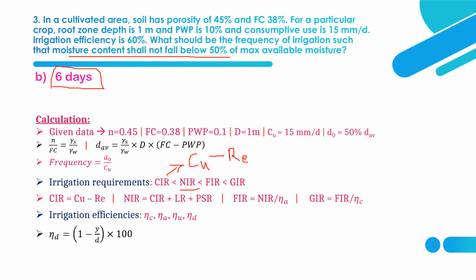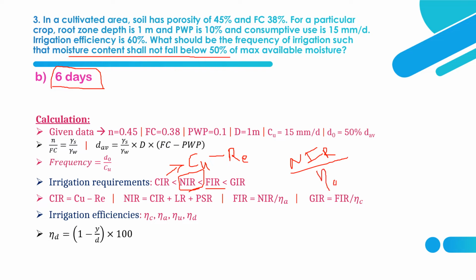And what about NIR? NIR is nothing but the summation of CIR, LR, PSR, and NSR, and anything else. As for the expansions: LR is leaching requirement, PSR is pre-sowing requirement, NSR is nursery sowing requirement, plus CIR gives the net irrigation requirement. Next is the FIR, field irrigation requirement, which is NIR divided by application efficiency.